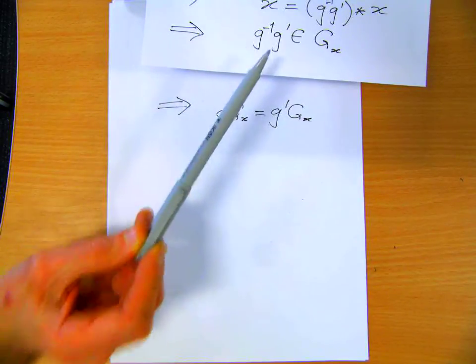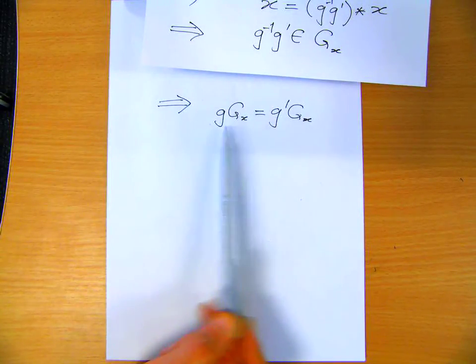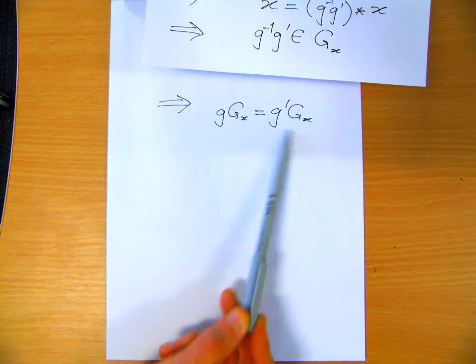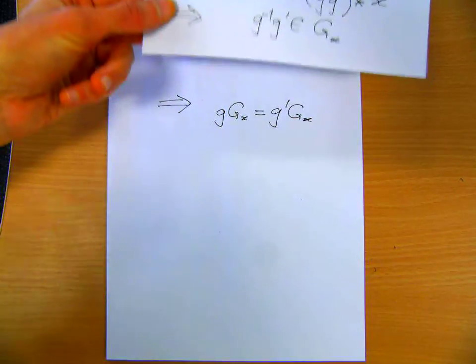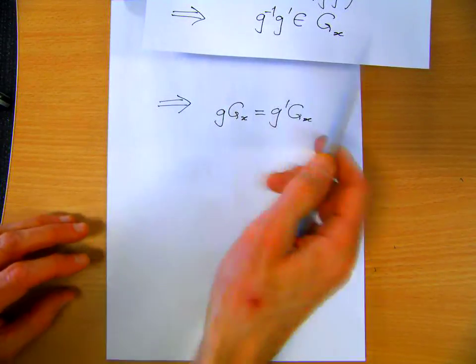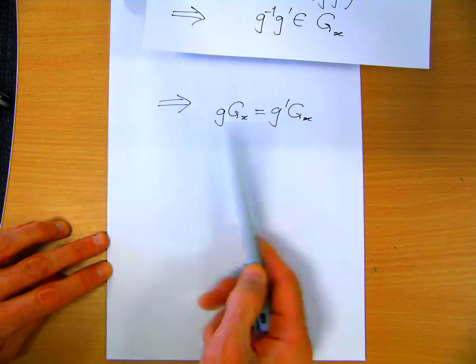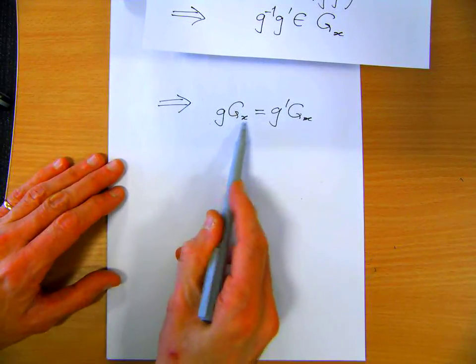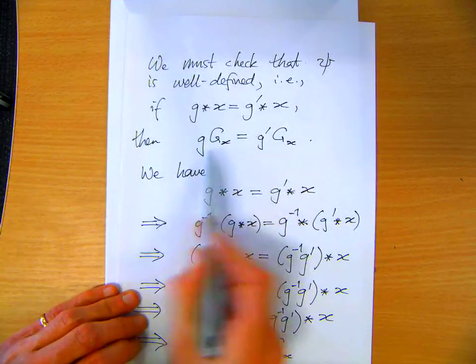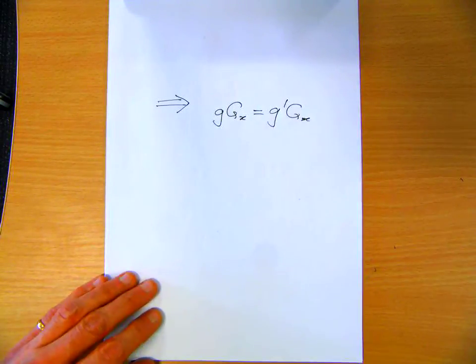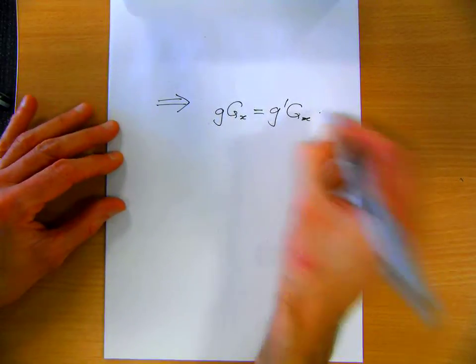In other words, they live in the same cell, so their cosets must be the same. So there's a bit of a jump there that involves previous stuff we've done, if you want to look back to when we did cosets right at the beginning. So the fact that they're related means they live in the same coset, so their cosets are the same. So we end up with G G_x equals G prime G_x, which in fact is what we're trying to prove. So that does require a little bit of thought.